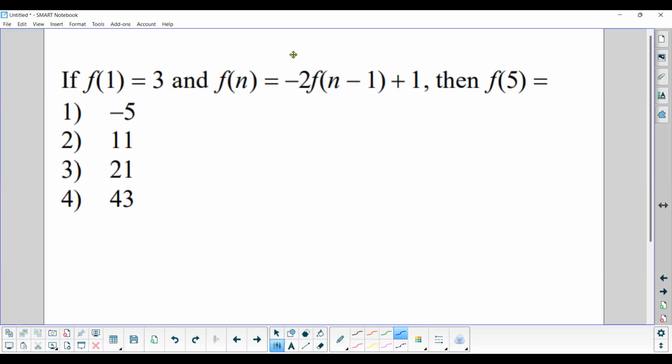I just changed it. This will be our last recursive, and then we'll go on to something else.